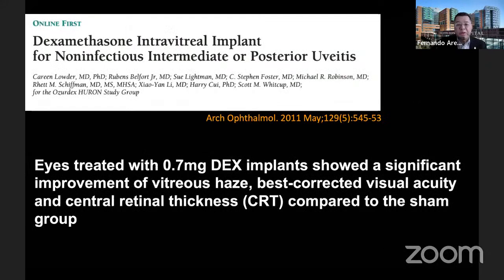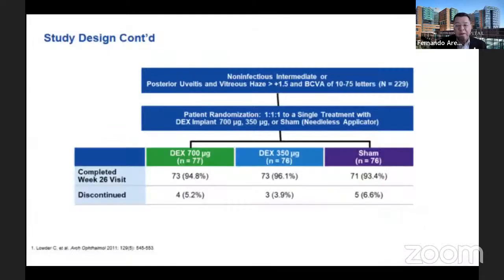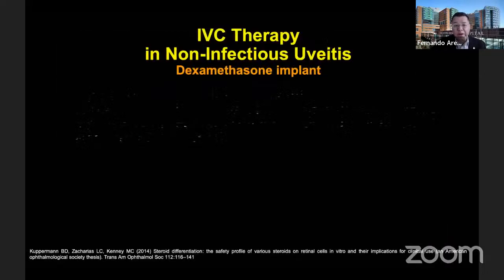This is a study that led to the approval by the FDA. Here, eyes treated with 700 micrograms of dexamethasone as an implant showed a significant improvement in vitreous haze, best-corrected visual acuity, and central retinal thickness compared to sham. This is the design of the study comparing 700 micrograms to 350 micrograms of the dexamethasone implant, and sham. 229 patients were included here.